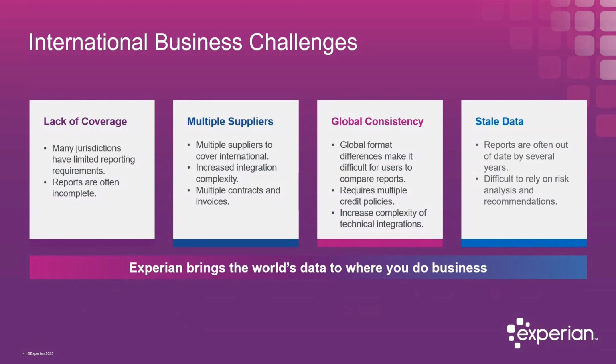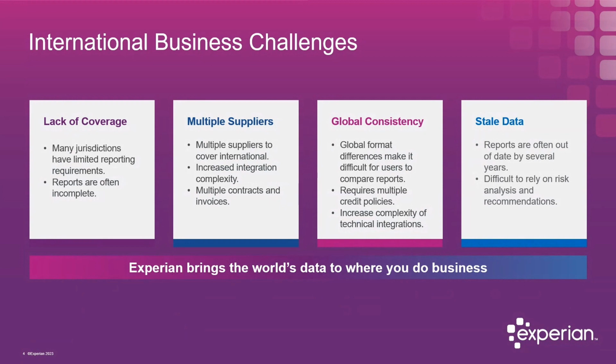Also, as many companies have tended to have international operations operate independently of their home country, many have found they have fragmented supplier networks covering each of those regions that were developed by those autonomous regions. This has led to increased complexity and cost, a lack of scale in global volume, and juggling multiple contracts and invoices. So a lot of friction involved with maintaining so many suppliers.